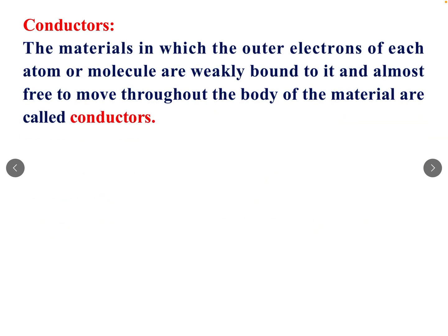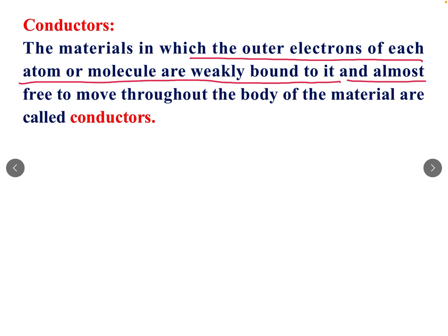First of all, we will discuss conductors. The materials in which the outer electrons of each atom or molecule are weakly bound to it and almost free to move throughout the body of the material are called conductors.